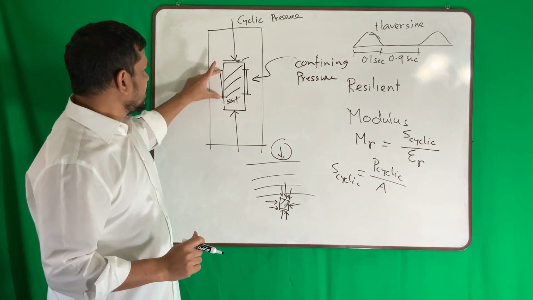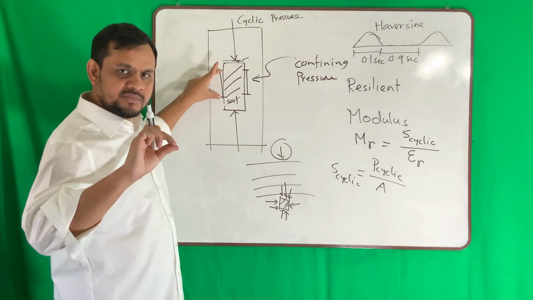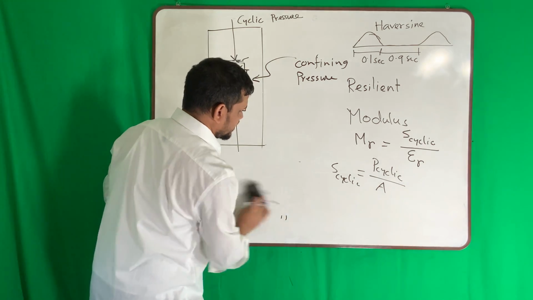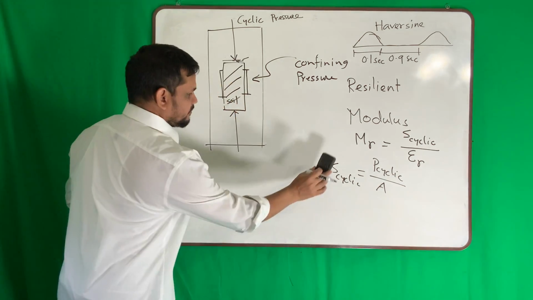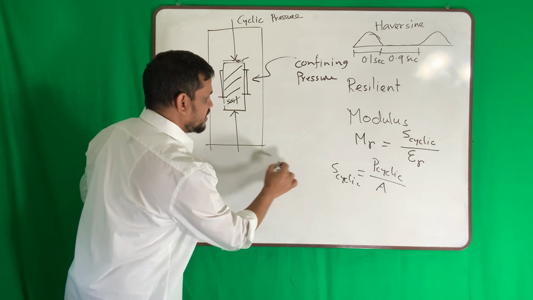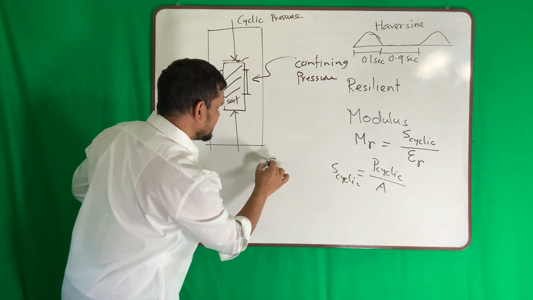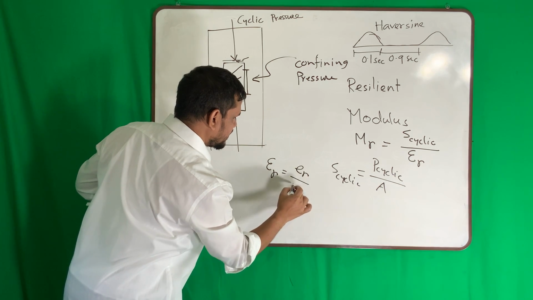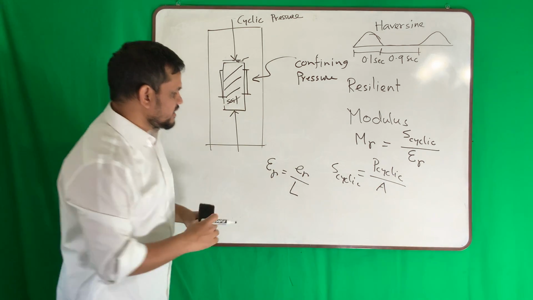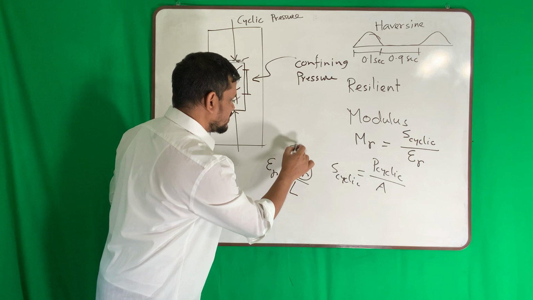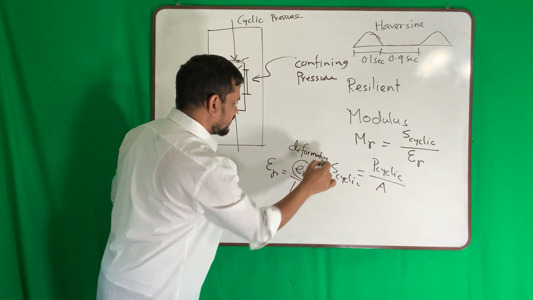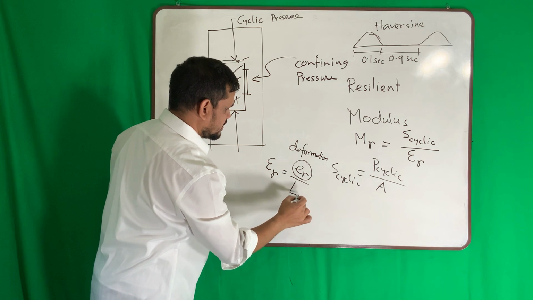Okay, so we got cyclic stress, then we calculate cyclic strain. It is deformation divided by original length. This is deformation, this is original length.